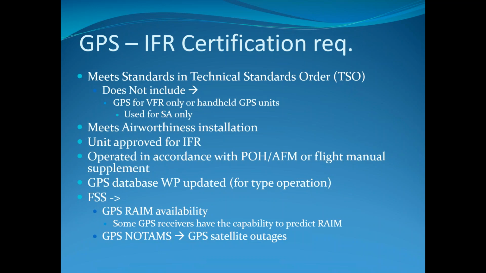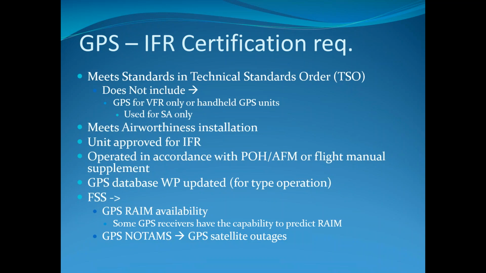Because if you file VFR, remember, you always have to maintain the visual references. And as soon as you lose the visual references, if you accidentally flew into a cloud or something on a VFR flight, you have to immediately exit that condition.